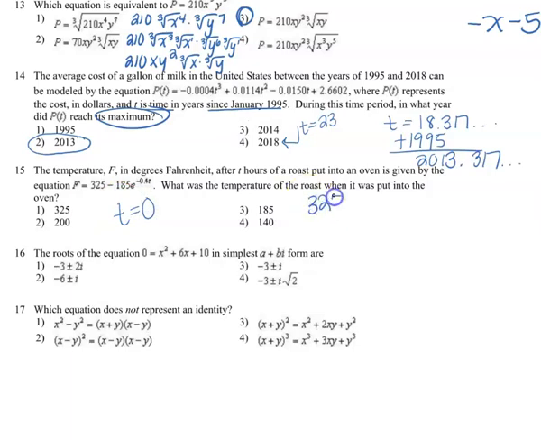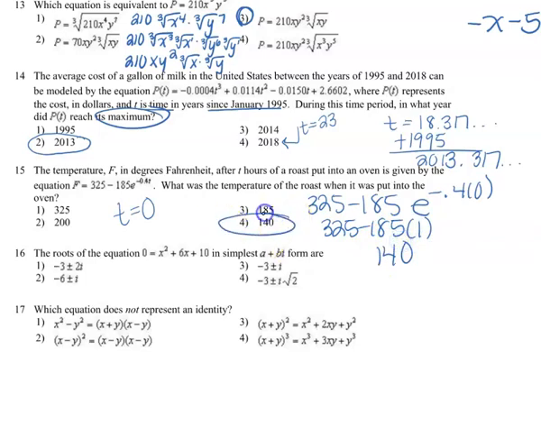So 325 minus 185e to the negative 0.4 times 0. Now, anything to the 0 power is 1. So ultimately, this just becomes 325 minus 185 times 1, which is 140, which is why that's option 4.